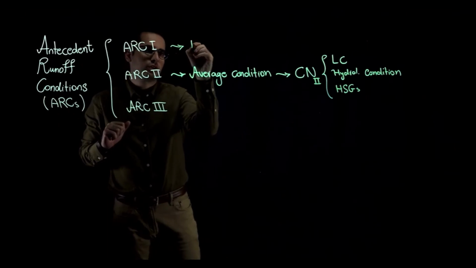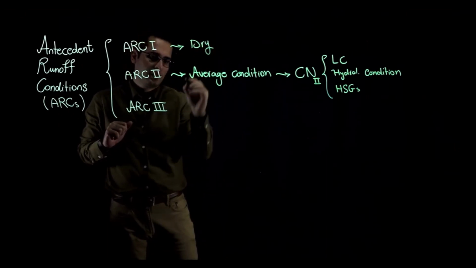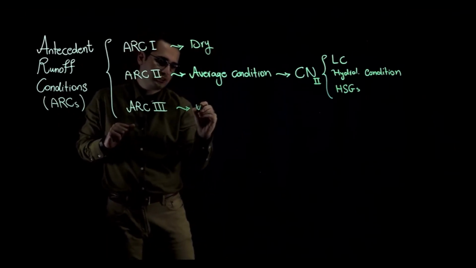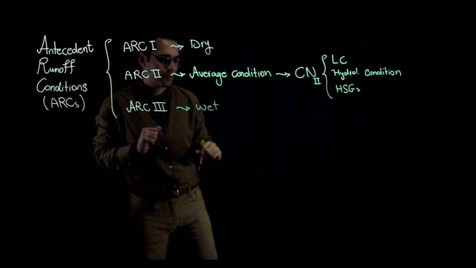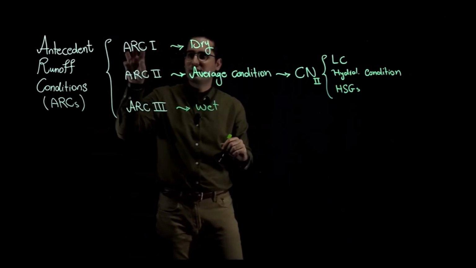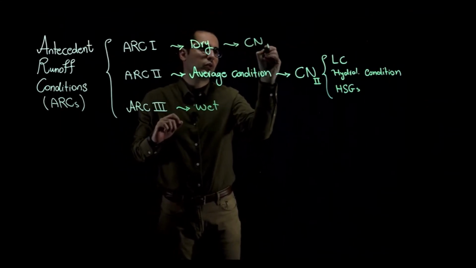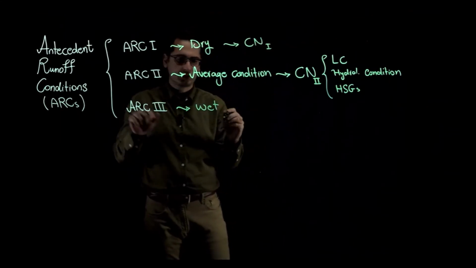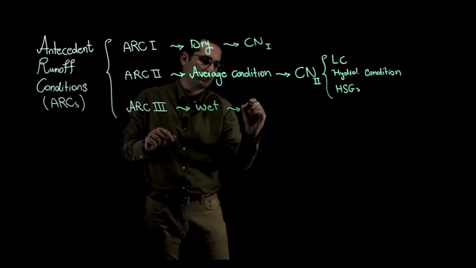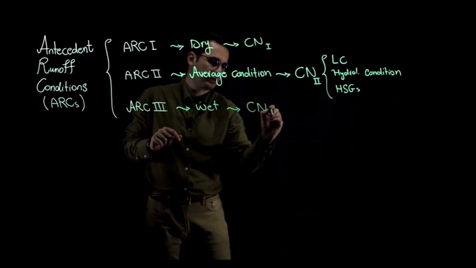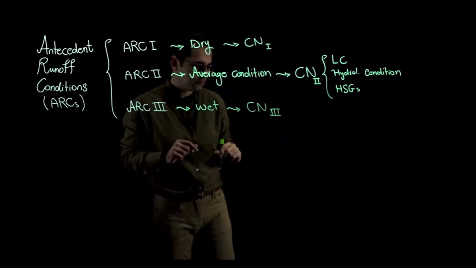ARC 1 represents the dry condition, and ARC 3 represents the wet condition. In order to represent ARC 1, you will use curve number 1, and in order to represent the wet condition, you will use curve number 3.